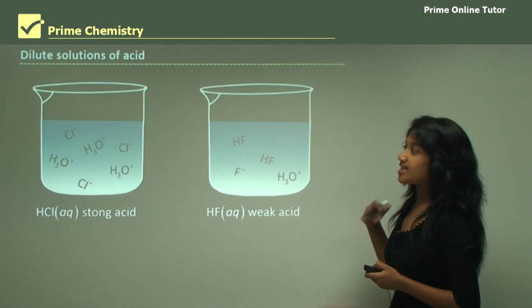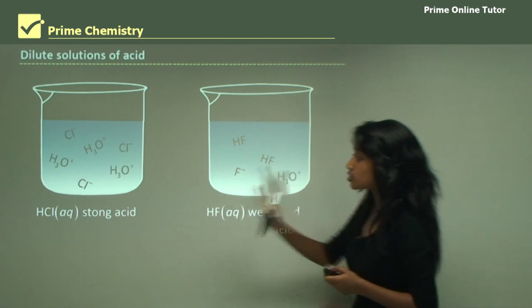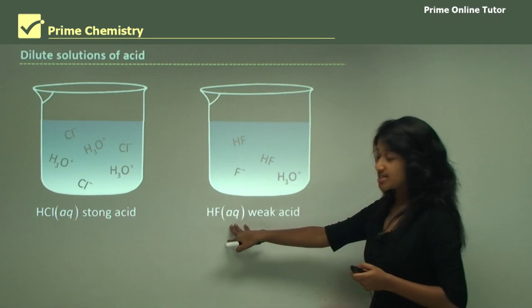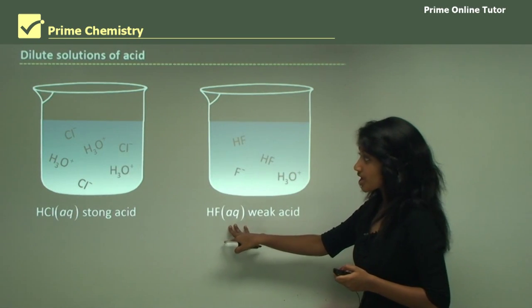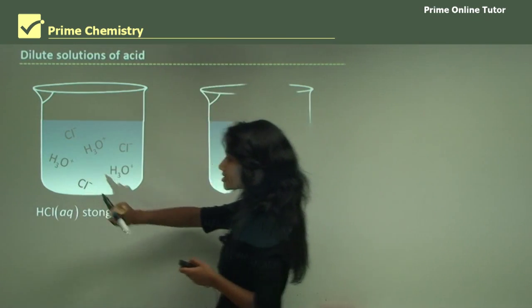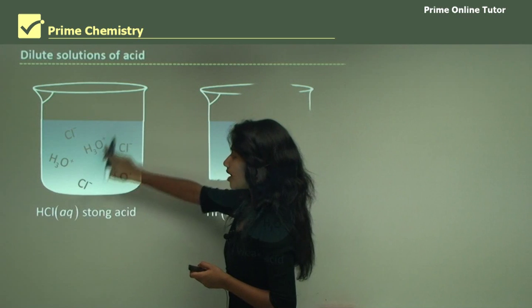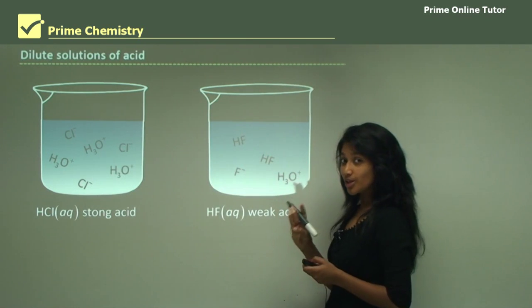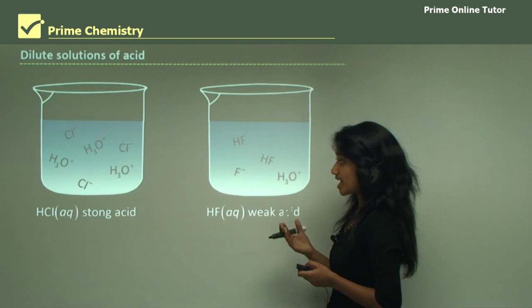Now let's look at a dilute solution. We're taking the same solutions. One is hydrochloric acid, the other is hydrofluoric acid. In hydrochloric acid, we have H3O plus and only 3 molecules of them. So initially there were only 3 molecules of the hydrochloric acid.